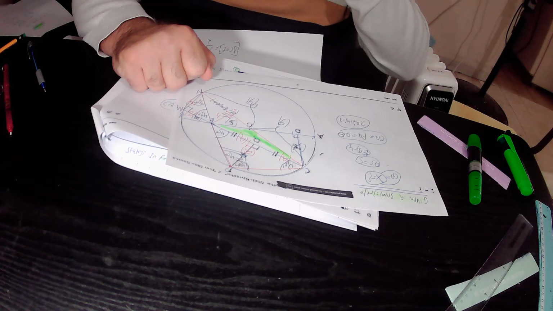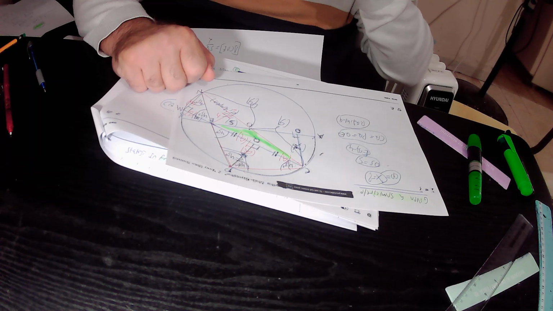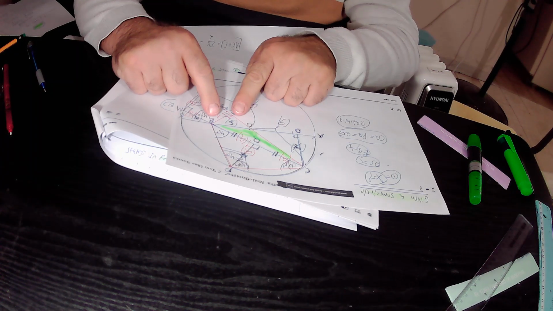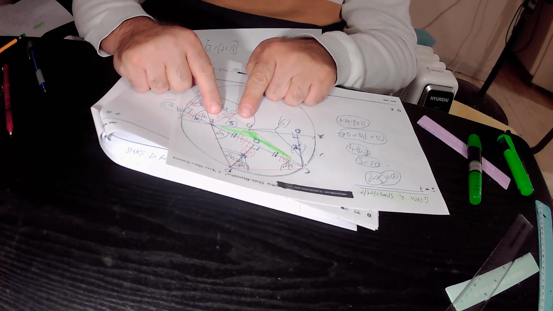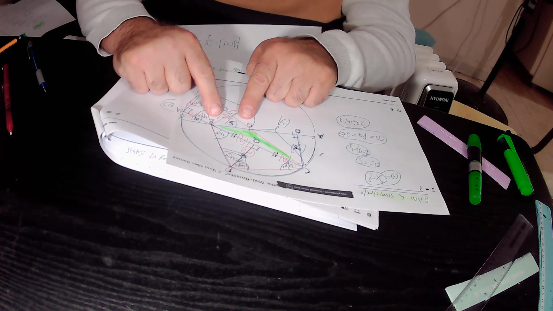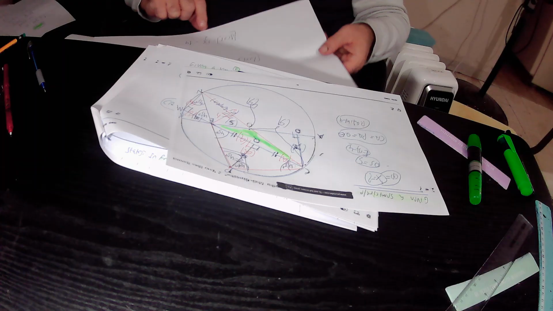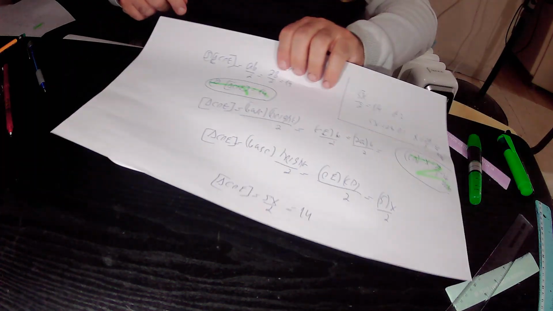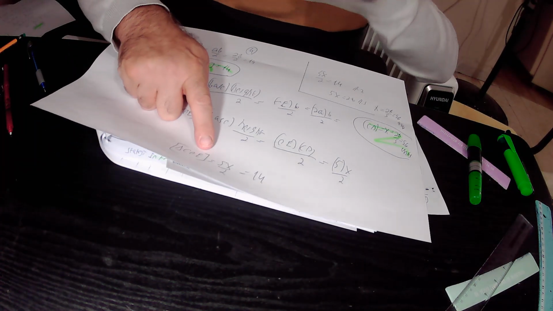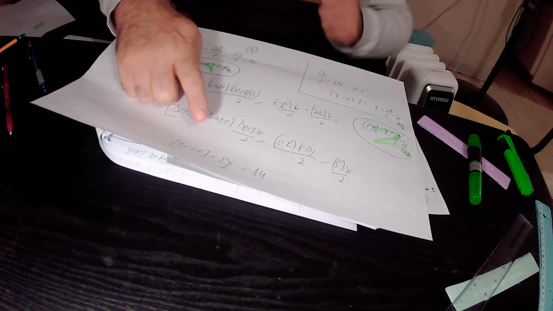So in total the area of the green triangle COE equals 5x over 2.